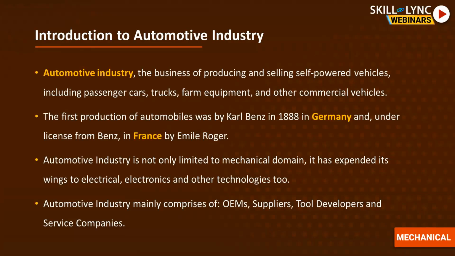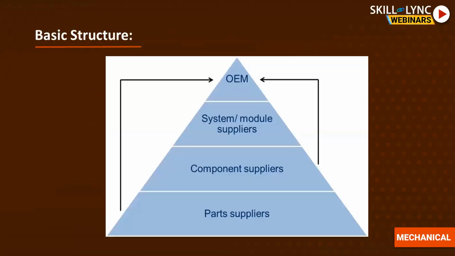Now, coming to what makes up the automotive industry, it mainly comprises OEMs, suppliers, tool developers, and service companies. Basically, this is the structure of the automotive industry. First is your OEM, then you have system module suppliers, component suppliers, and then part suppliers.